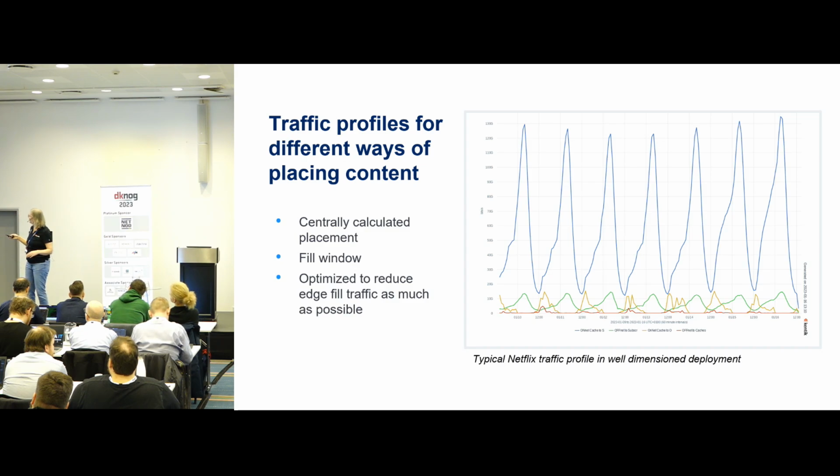So we are very happy about that. It's peaking in the evenings where people are sitting down on their sofa and watching movies. We see a small peak, the green one, at the same time. That is the long haul. Those are the movies that are not very popular, which means that they are being served from larger centralized sites where they have room for that movie. It doesn't make sense for the CDN to put that movie inside your network because only 5 people are going to watch it.